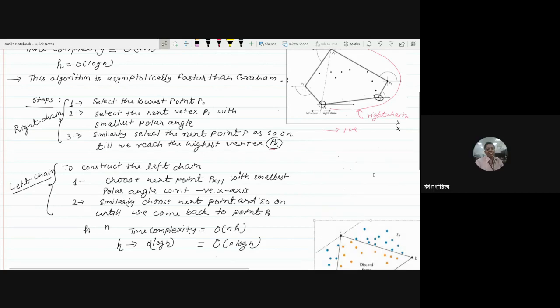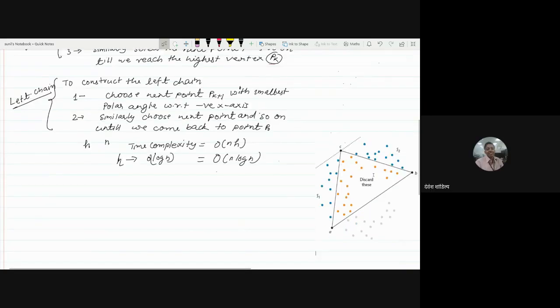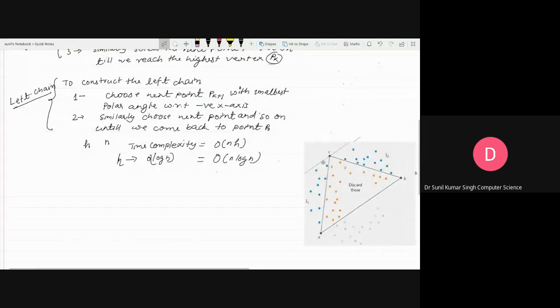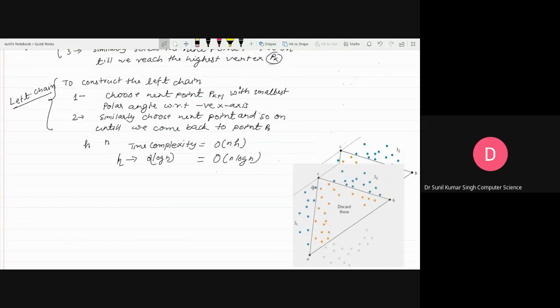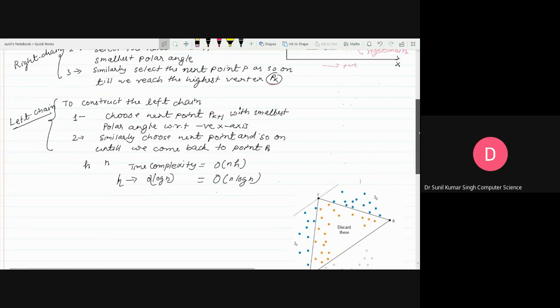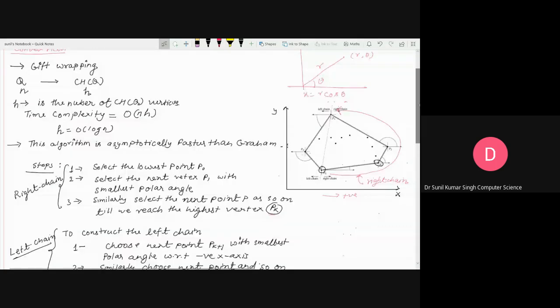Sir, what is H here? H is the number of points on the convex hull. For example, in the diagram, you can see, suppose that the total number of points is N, counting P0, P1, P2, P3, and P4, and the points which are inside.